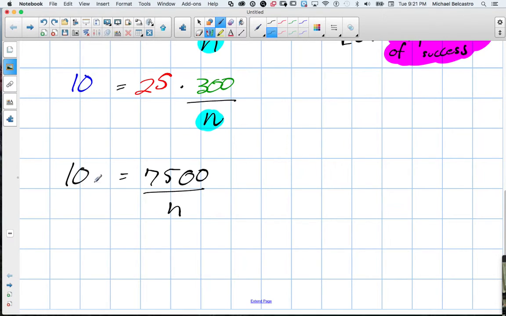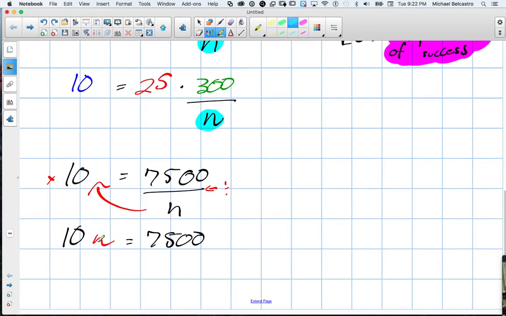Now I want to isolate for N. Well, N's on the bottom of my fraction. Because this is division, to bring it to the other side, I need to multiply. So this will now read 10N is equal to 7,500. And then to isolate for N, we just need to divide both sides by 10.